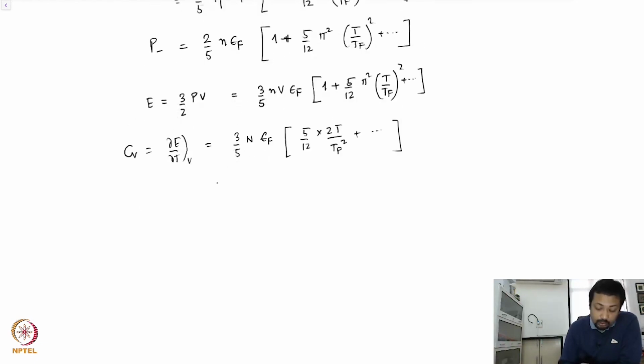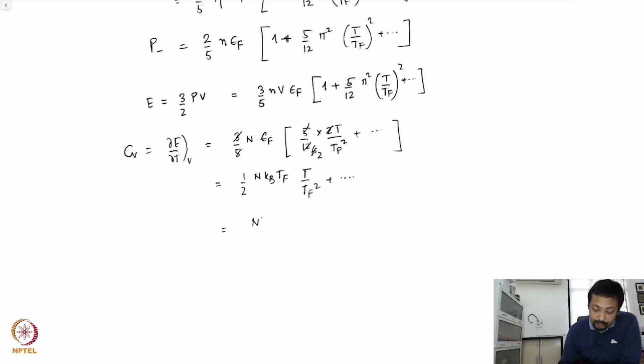So a little more simplification: this cancels to give you 6, this cancels to give you 2, and the 5 cancels out. You have half n kb, and the epsilon is kbtf, so I will write this as kbtf times t over tf square plus higher order terms.